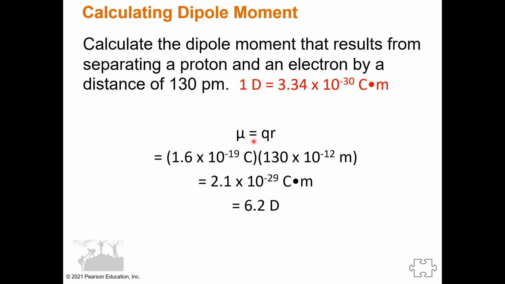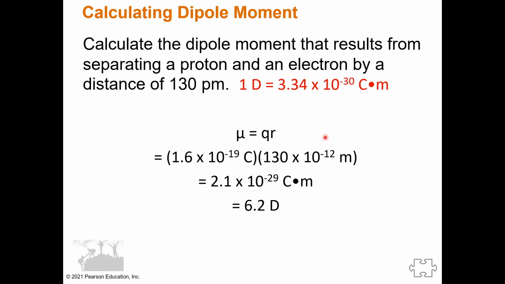Well, that -1 just tells you the magnitude of the charge. That charge is actually equal to 1.6 times 10 to the -19 coulombs. If you see a -2 charge, that means 3.2 times 10 to the -19 coulombs.